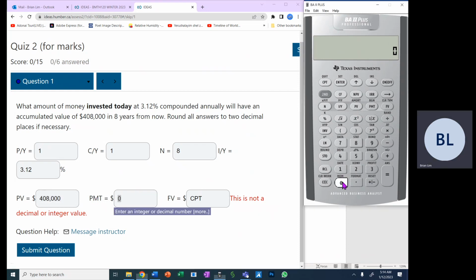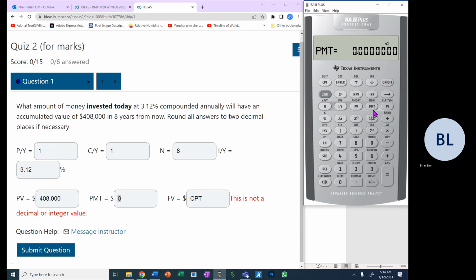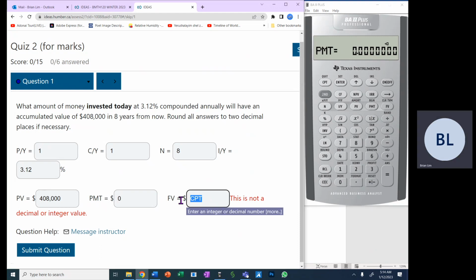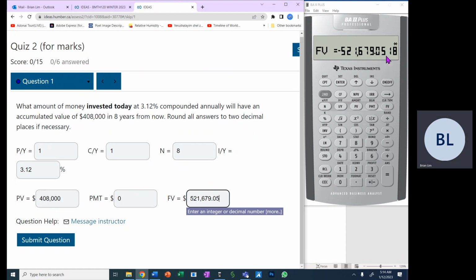Payment is 0, so we go 0 payment, and now we are computing the future value, so we must click on compute CPT right up there, compute, and we click on future value, and that should be the correct answer, 521,679.05. We rounded to 2 decimal places. Now, if you forget to do it, then I think it'll still be marked correct.